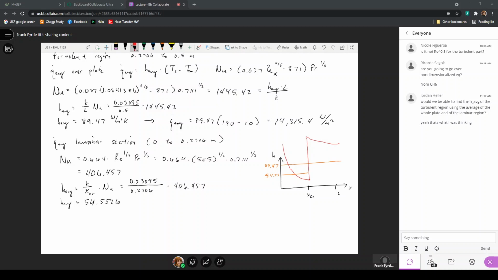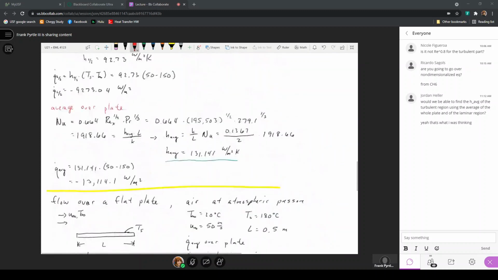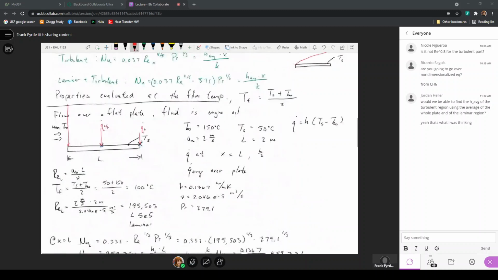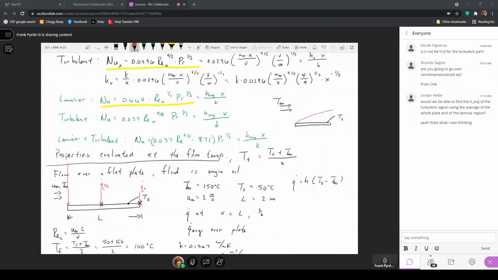You could back calculate it, or you could use the expression for the turbulent region. This will just give you the expression of the heat transfer coefficient from the transition point to that X position.